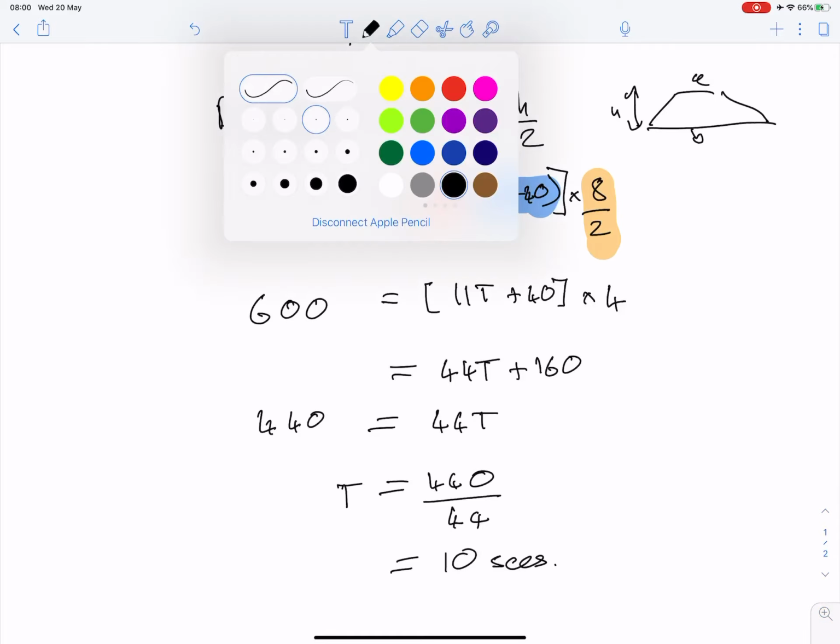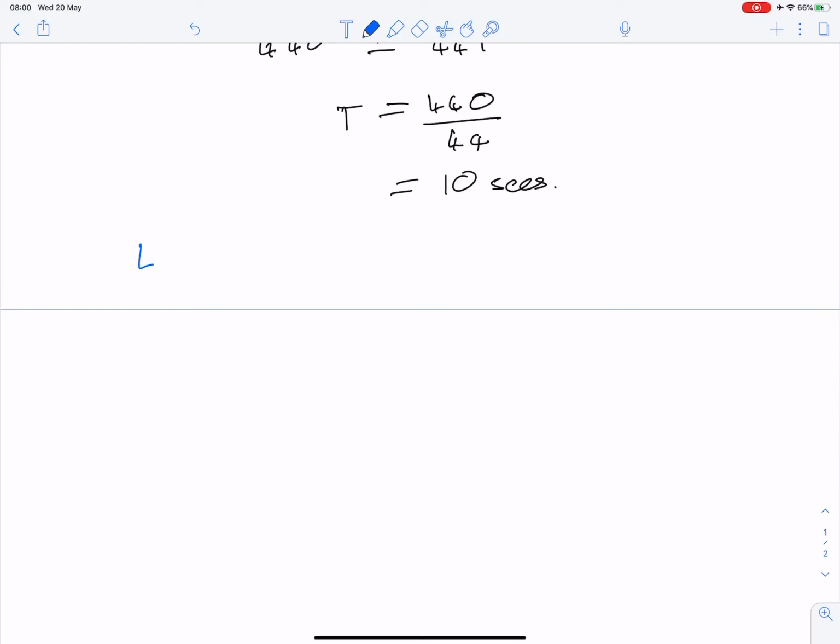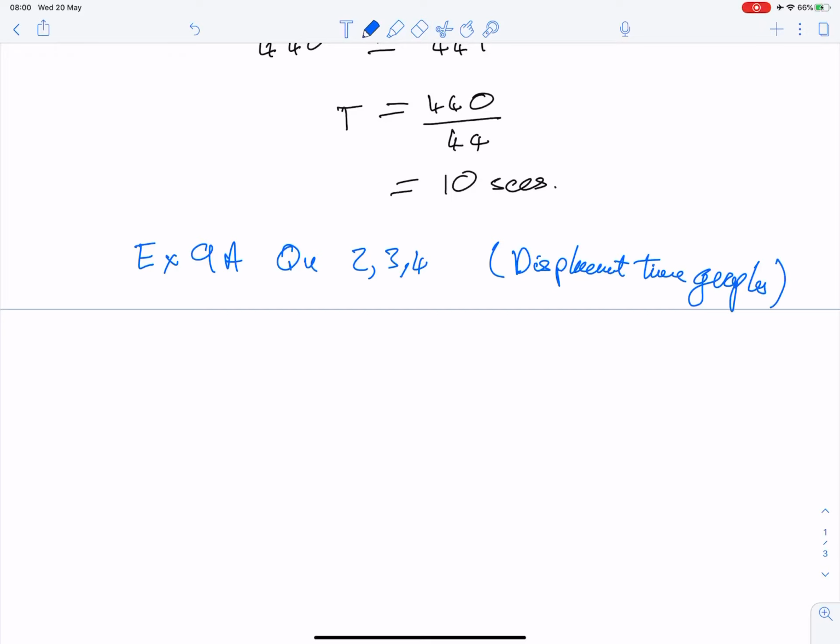Okay, homework that should be attached to that bit of work. Those 3 examples are exercise 9A, questions 2, 3 and 4, and they're on displacement time graphs, and exercise 9B, questions 3, 5, 7 and 8.